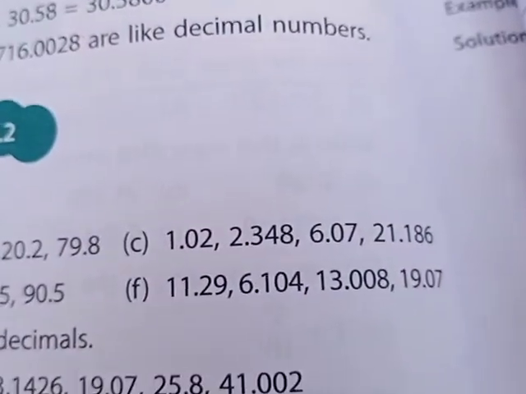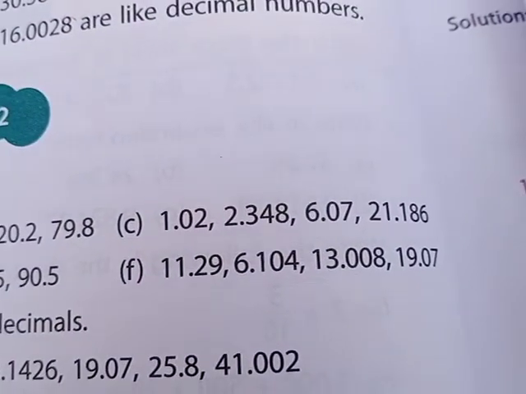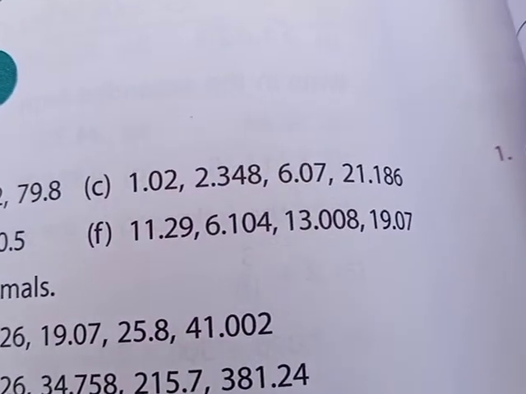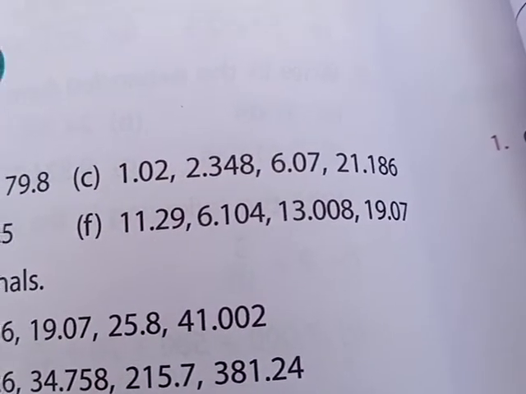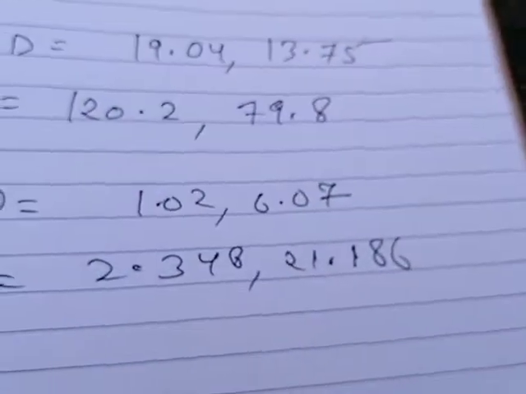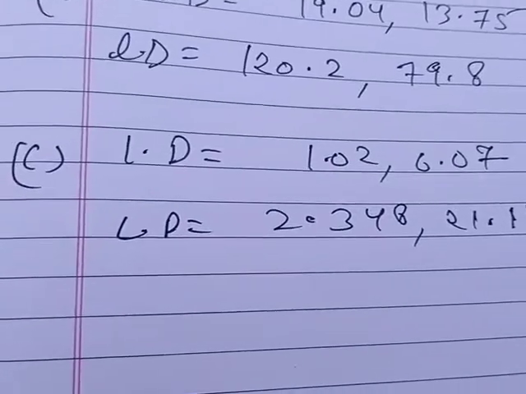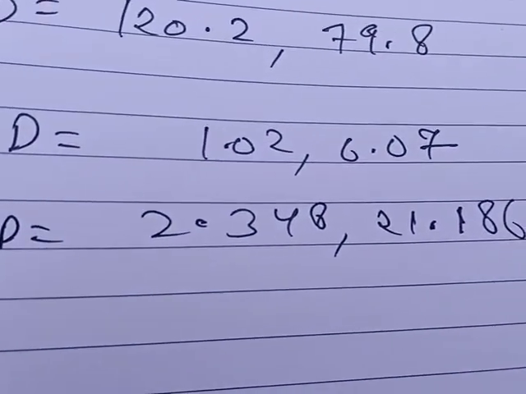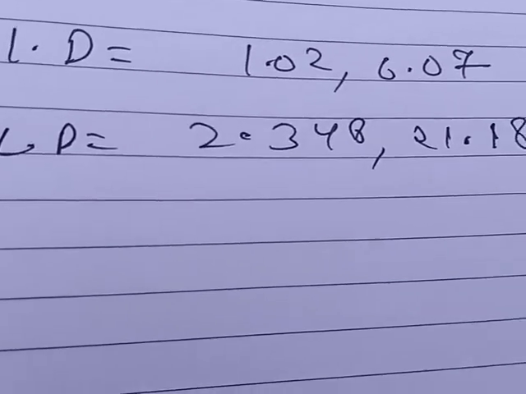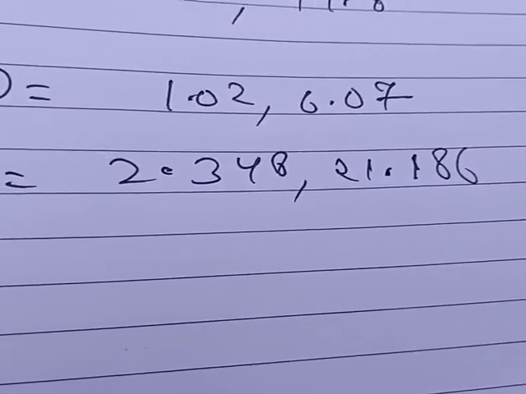So we can write like this. First one 1.02 and 6.07. And another like decimal pair will be 2.348 and 21.186. Like this you can see. Okay. So like decimals 1.02 and 6.07, after the decimal both places 2 digits, and here after the decimal both places 3 digits.